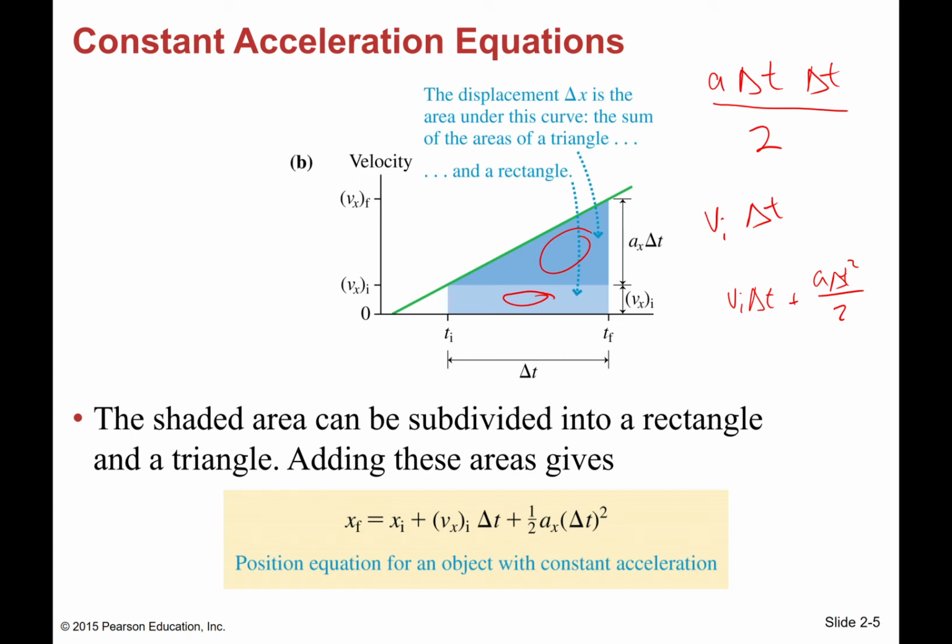So then we can say that the displacement, Xf minus Xi, is equal to Vi delta T plus a delta T squared divided by 2. Or the final position is equal to the initial position plus Vi delta T plus a delta T squared divided by 2. So that is the second equation that we need to remember.